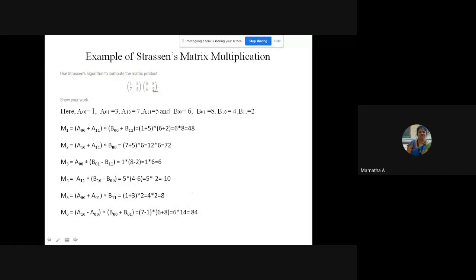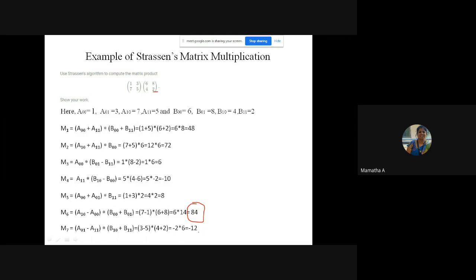So to wind up with M7, can anybody give me the final answer? I want this answer for M7. Minus 12, ma'am. Yes. So minus 12. The formula goes like this: A01 minus A11 into B10 plus B11. Right? So you get minus 12.